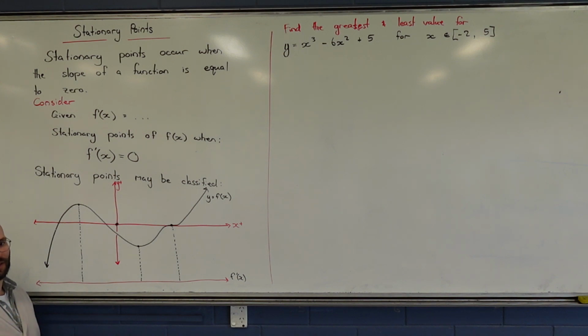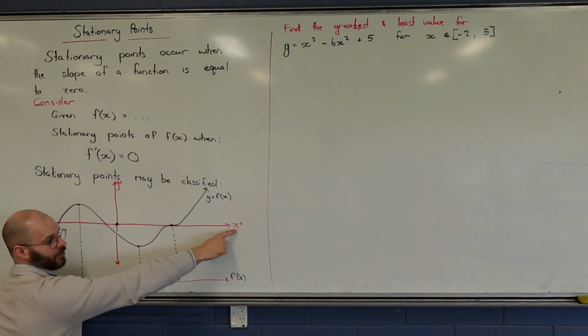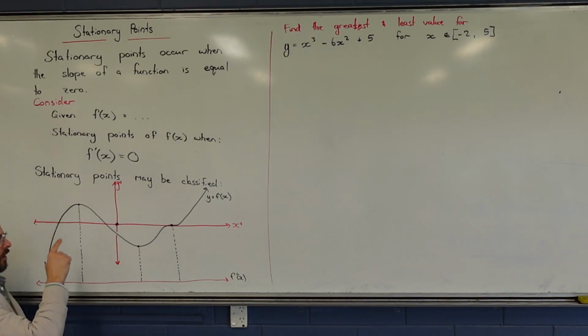Now, Levi, I'm going to ask you a question. Over here on the graph, the very far left, as you read the graph from left to right, the values of x increase. What is happening to the values of y? It is increasing.